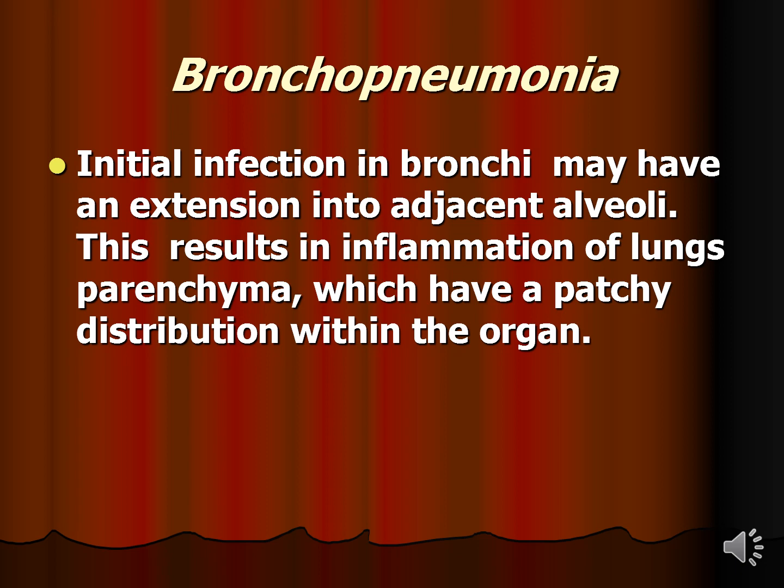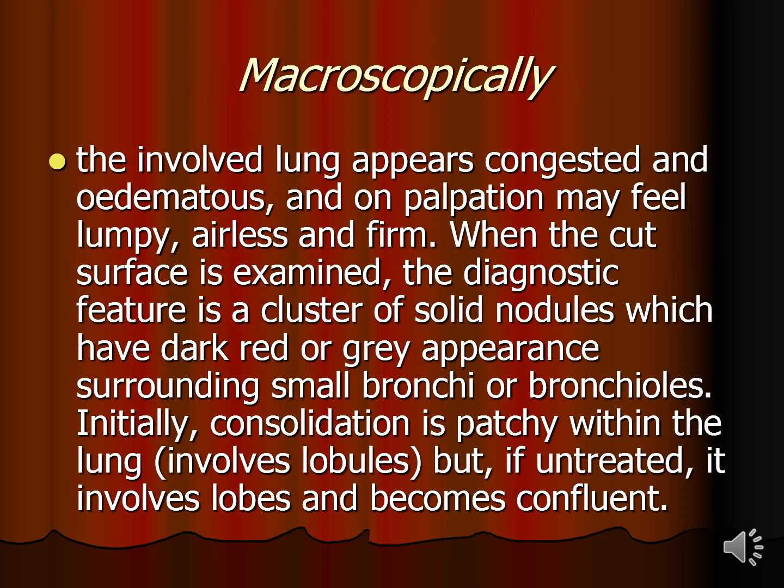This results in inflammation of lung parenchyma, which has a patchy distribution within the organ. Grossly, the involved lungs appear congested, edematous, and on palpation may feel lumpy, airless, and firm.